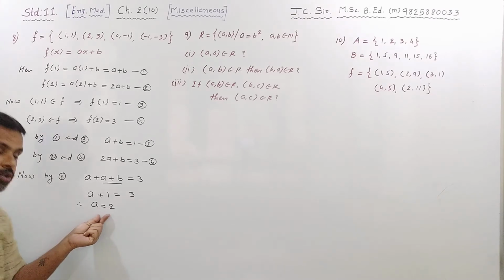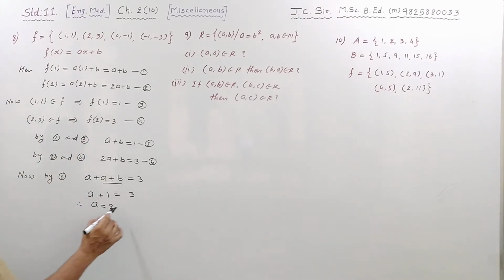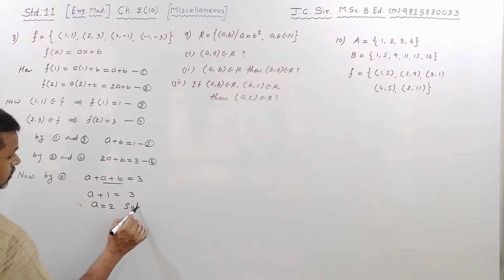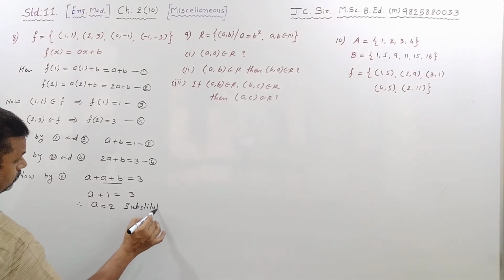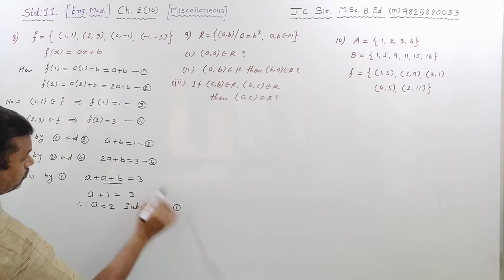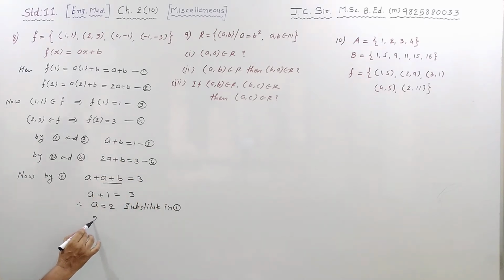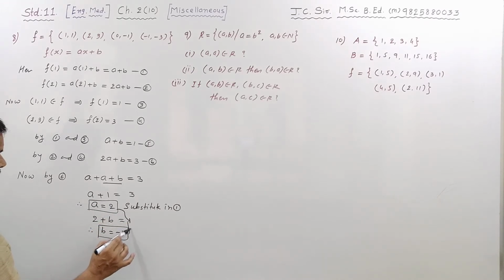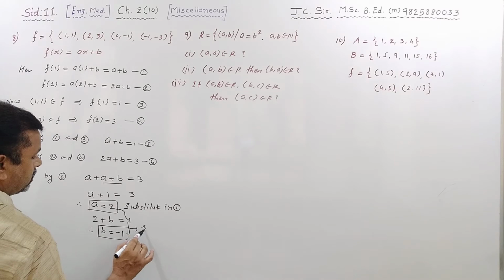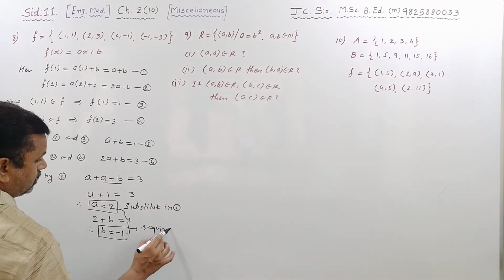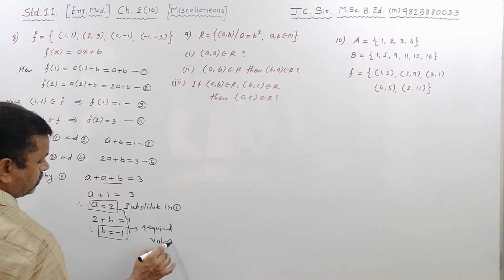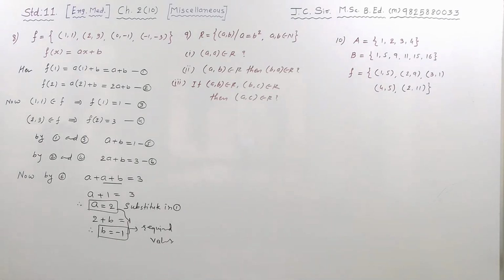Now substitute this value in equation 1. It will be 2 plus b is 1, therefore b will be minus 1. So a is equal to 2 and b is equal to minus 1 are the required values.